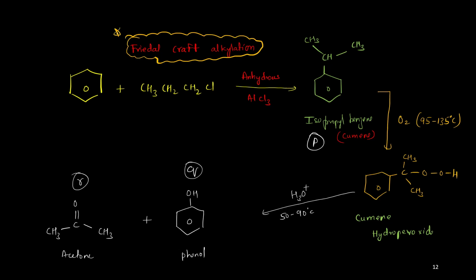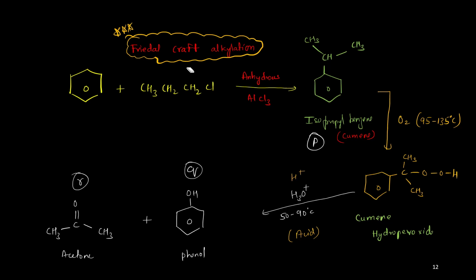Now this isopropyl benzene, you are oxidizing at 95 to 135 degrees Celsius, so you are getting cumene hydroperoxide. That's the reaction with oxygen. Then you react with H3O plus, or H plus, that means an acid, and you get phenol and acetone.